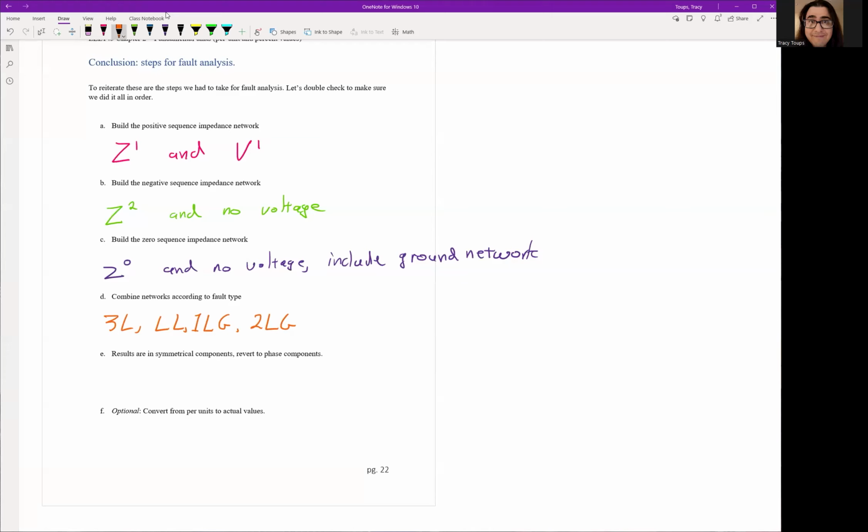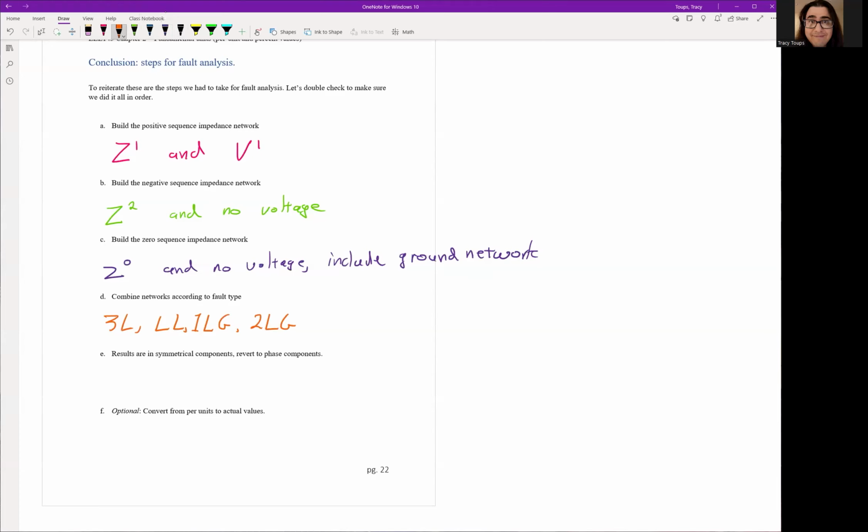There's a chart for each one of these, and you configure or combine all your networks based on that chart, whether you put them in parallel or series. Literally just look at the chart, throw in your networks, and then crunch it up into hopefully one inductor, one resistor possibly, and a voltage source. And then you just do Ohm's law. Okay.